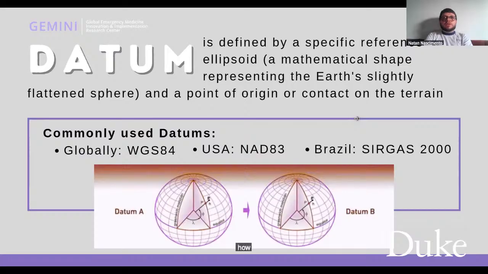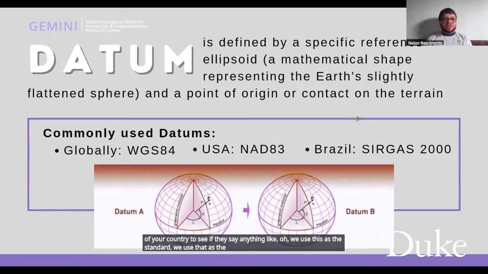How we can know which one to use usually comes from experience, but you will also want to check the statistical bureau of your country to see if they say, oh, we use this as the standard, so you will know.